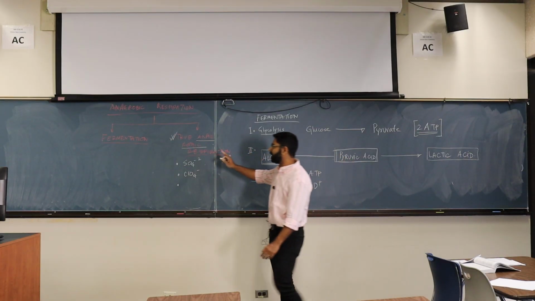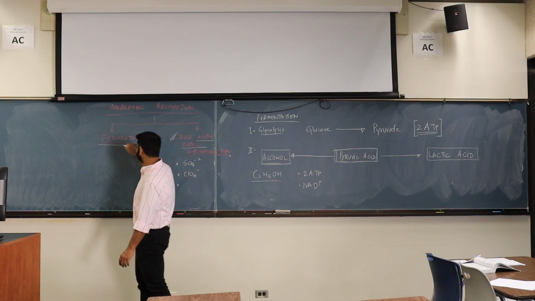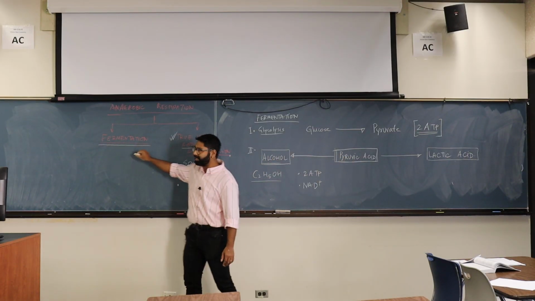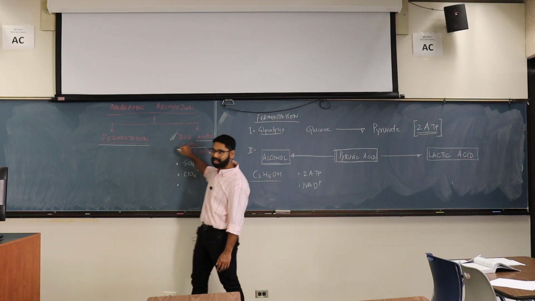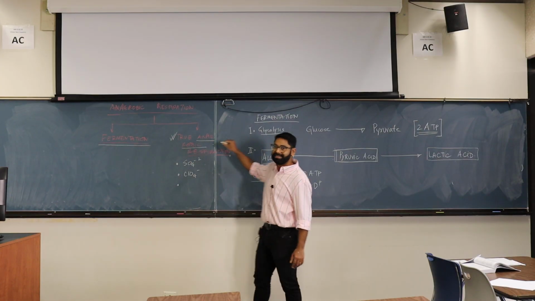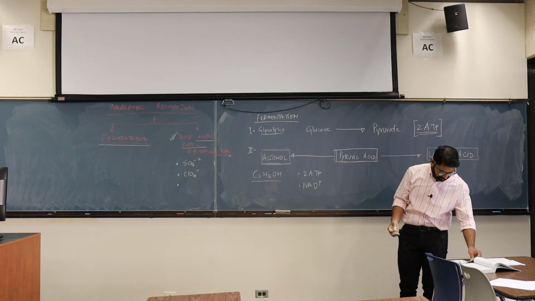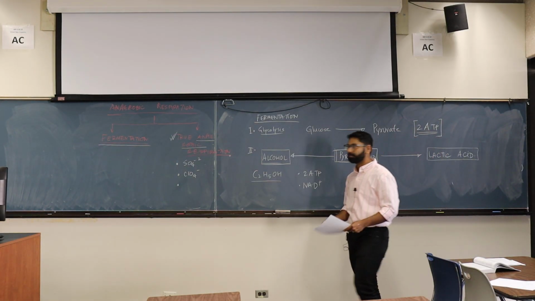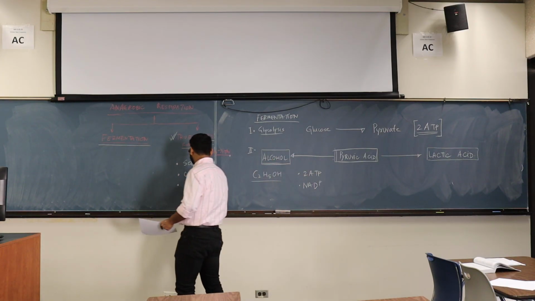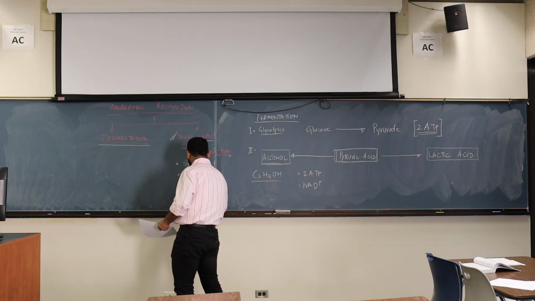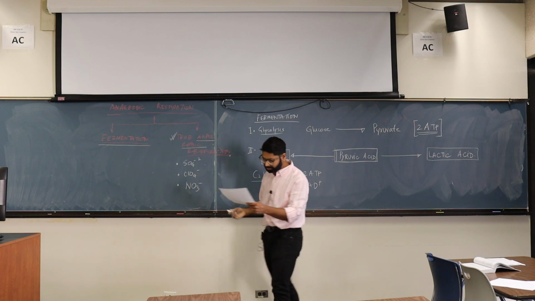So this is the true anaerobic respiration. This is fermentation. Really less energy production in here, higher energy production in here. The highest energy production is typically observed in aerobic, but we'll compare that in a bit.